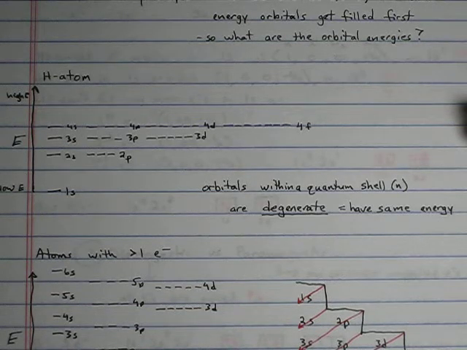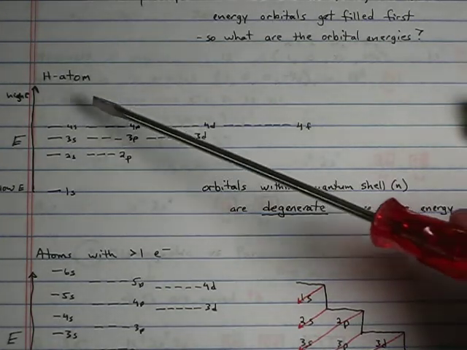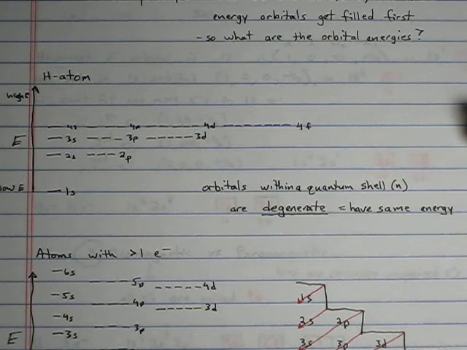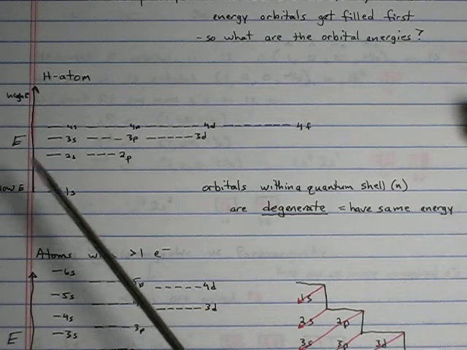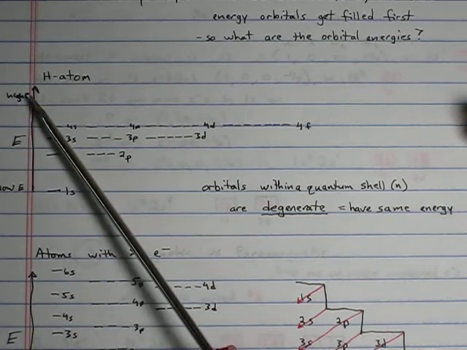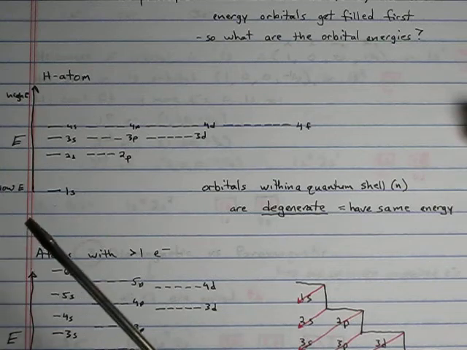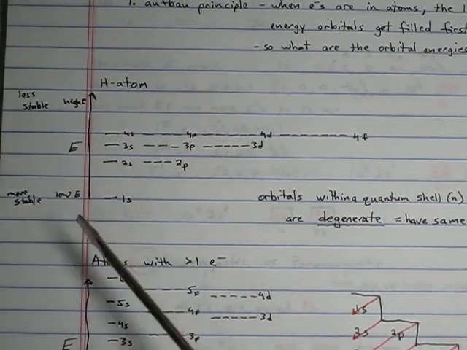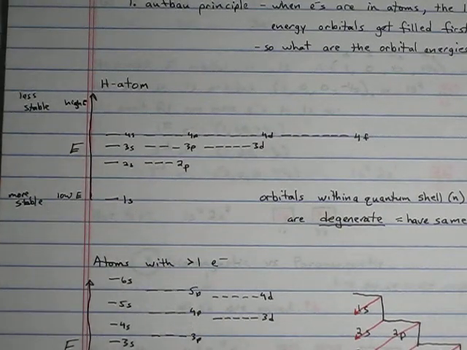And Schrodinger, Heisenberg, they were looking at the most simple atom first, the hydrogen atom, because it only has one electron. When they looked at the energies of the orbitals for the hydrogen atom, here we have our diagram, lowest energy to highest energy, from most stable to least stable orbital.